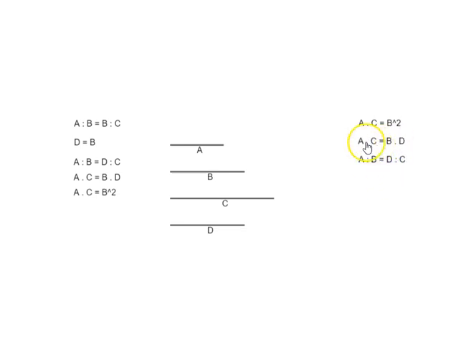Because if two rectangles formed by the extremes and the means are equal, then the lines are in proportion. Now, since A is to B equal to D is to C, we know D is equal to B, so we can write it as A is to B equal to B is to C.